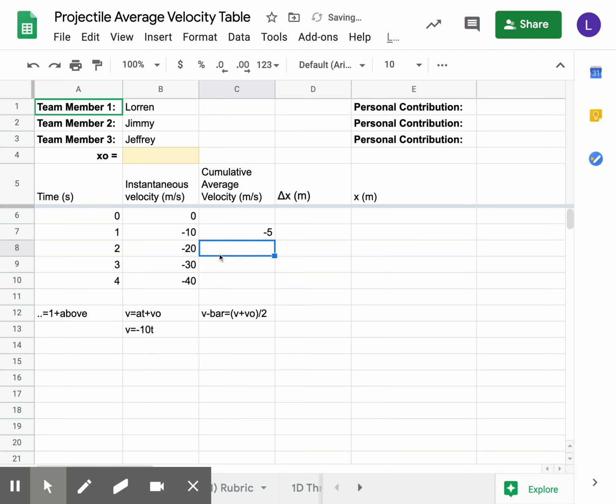To check ourselves when we do this calculation, we fill it down, we should ask ourselves, are the values coming out of it reasonable? So when we look at this value here, minus 20 and 0, the average should be minus 10, but it's not. And so when I look at the formula, it's not averaging the initial velocity, it's averaging the most recent velocity.